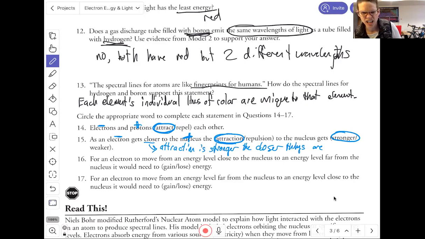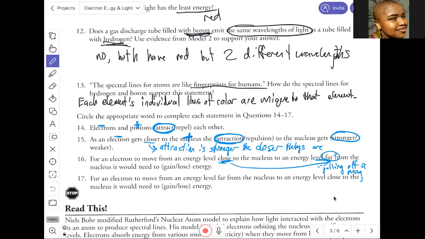That's how to think about it. So if an electron is close to the nucleus and you're trying to move it far, this is like pulling off a magnet. If I'm trying to pull a magnet off the fridge, does that require energy or does that give up energy? Give.